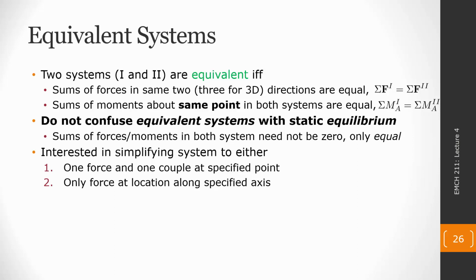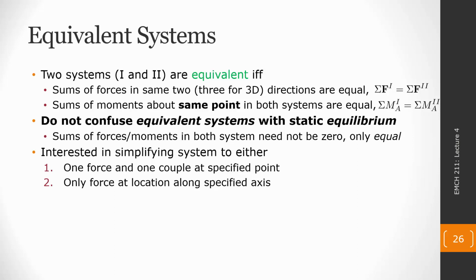So typically, we want our more complicated system 1, which might have multiple forces and multiple couples acting on our object, to be simplified in system 2 to have just one force and one couple, and all of it operating or located at a specific point. So we might go from multiple forces to a single force, multiple couples to a single couple, all located at a single point.